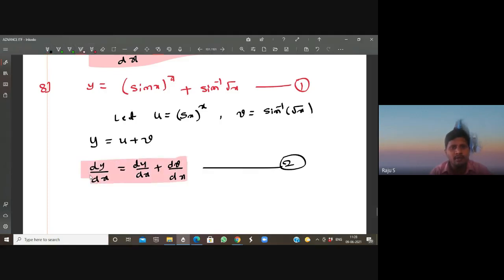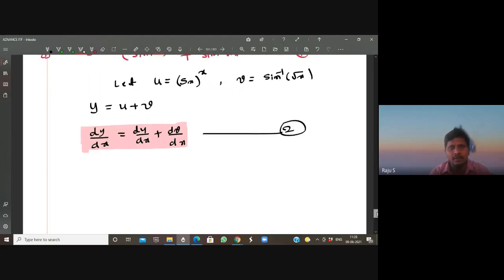We have to find du by dx and dv by dx. To find du by dx, first take u is equal to (sin x) to the power of x.